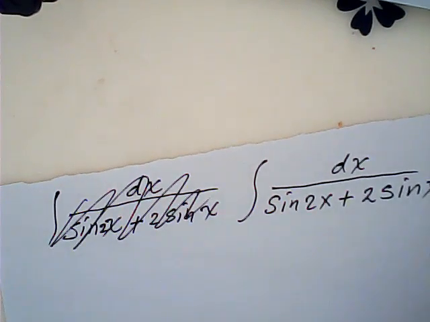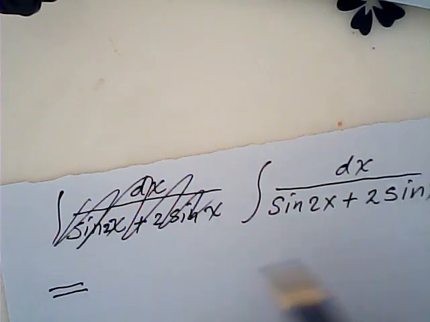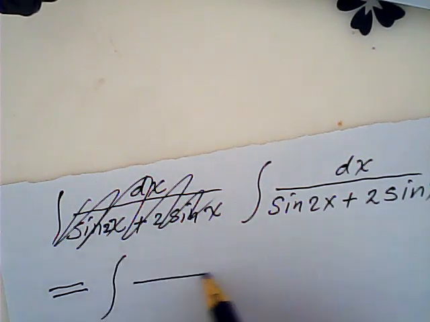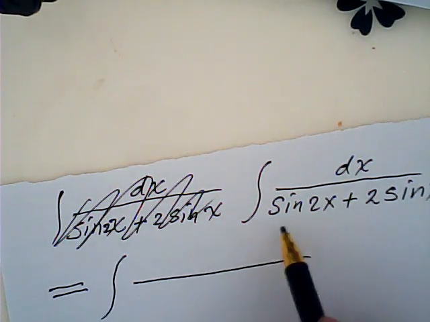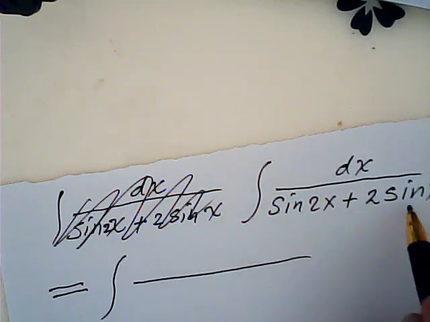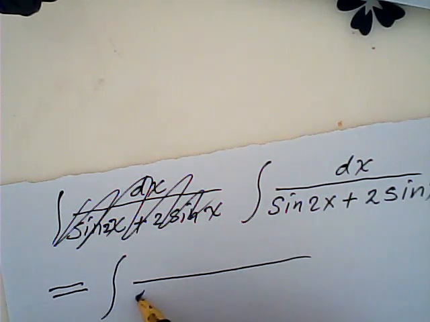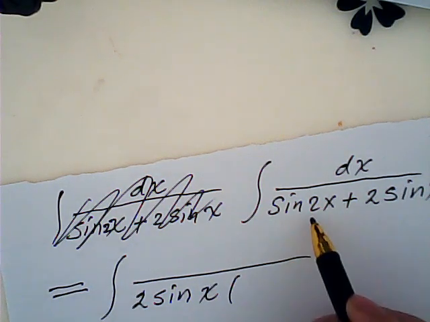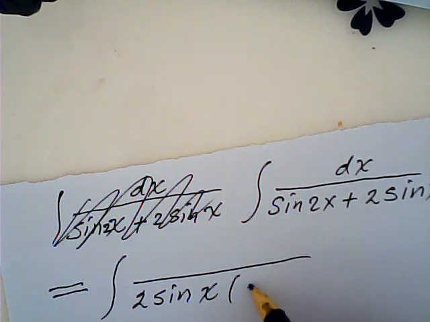Now, how do I start? This is method one. Method one is that I take 2 sine x out, so it leaves cosine, right?